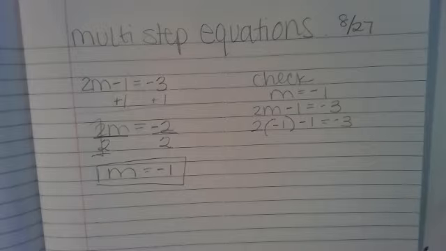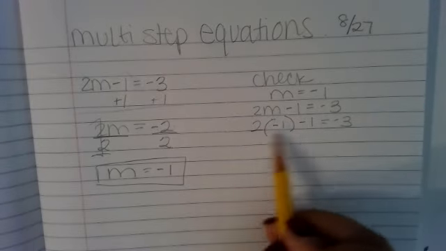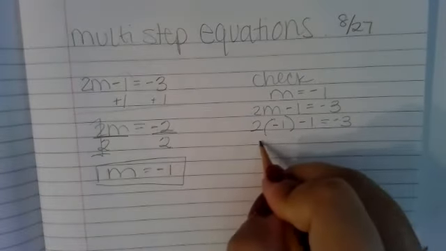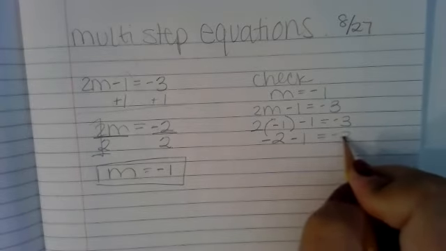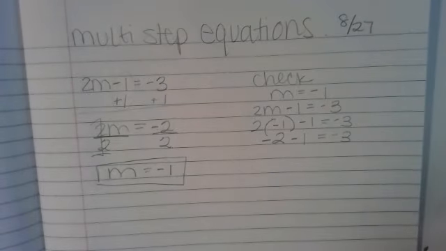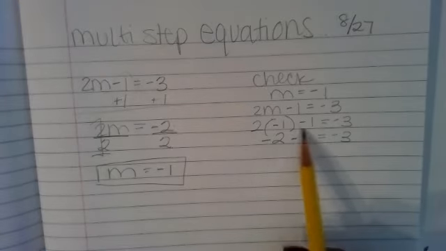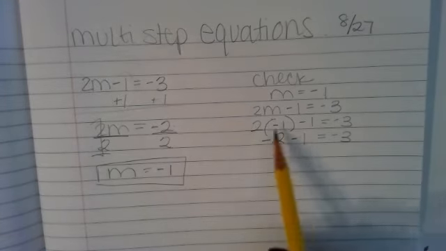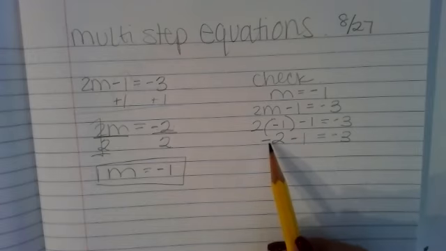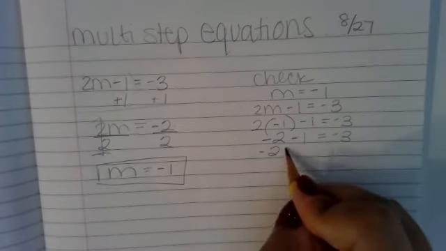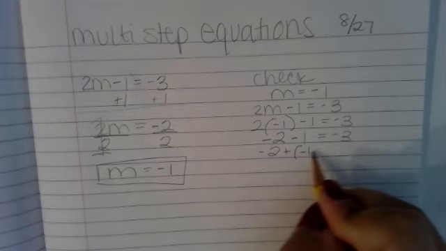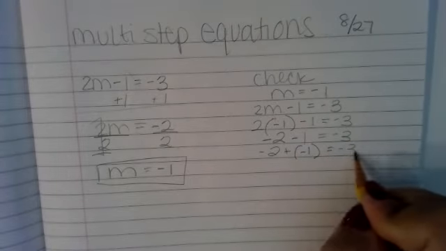Now I look at my order of operations. I multiply first. This becomes a -2 minus 1 equals -3. And then from here, this is an integer problem, so I need to remember that when this is a -2 minus 1, this is the same thing as -2 plus -1, which equals -3.